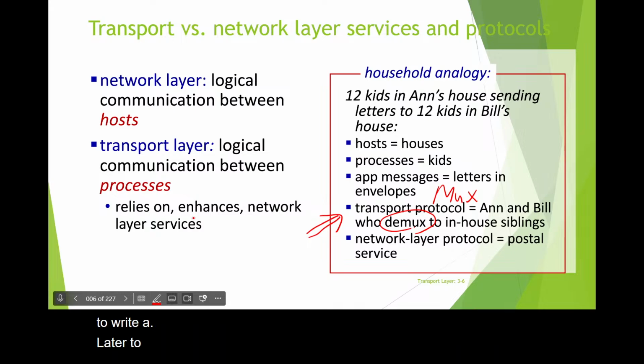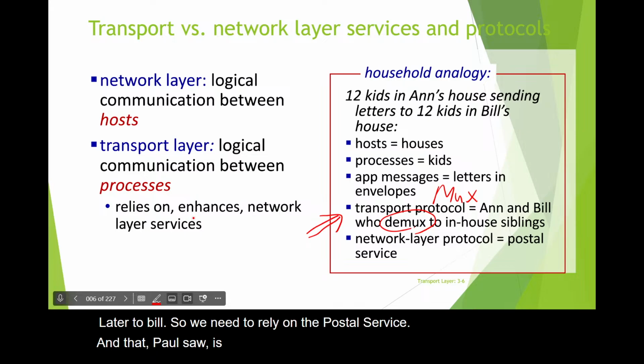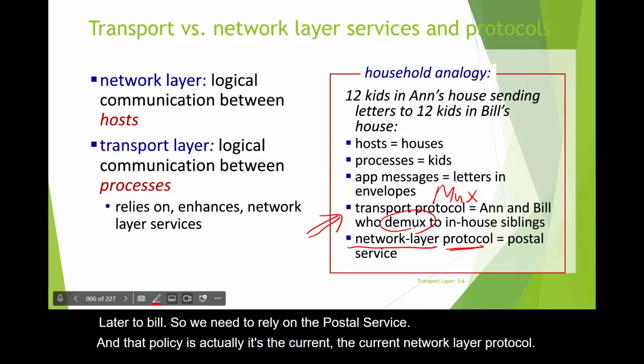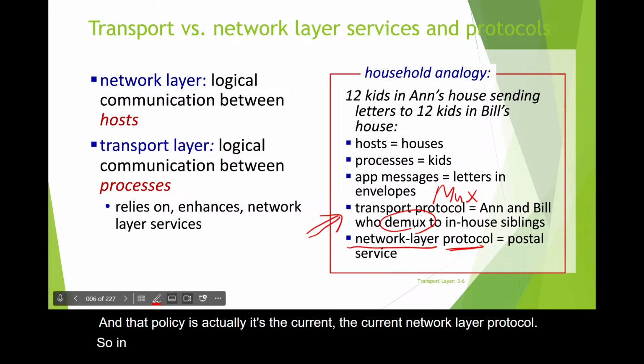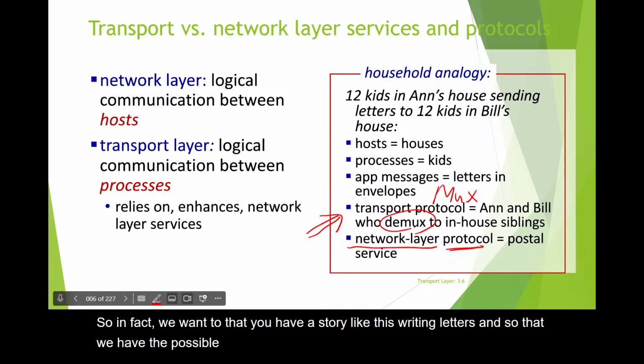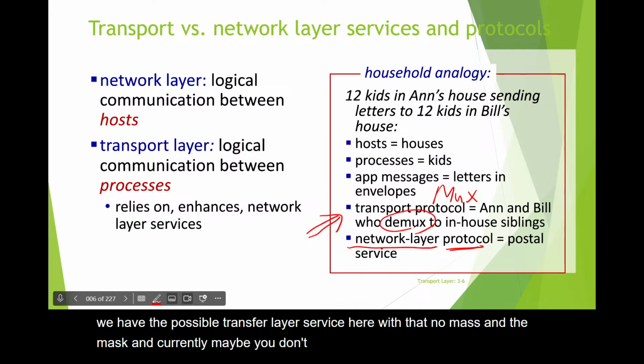So we need to rely on the postal service, and that postal service is actually the network layer protocol. So in fact, we have a story like this, writing letters, and the possible transport layer services are multiplexing and demultiplexing.